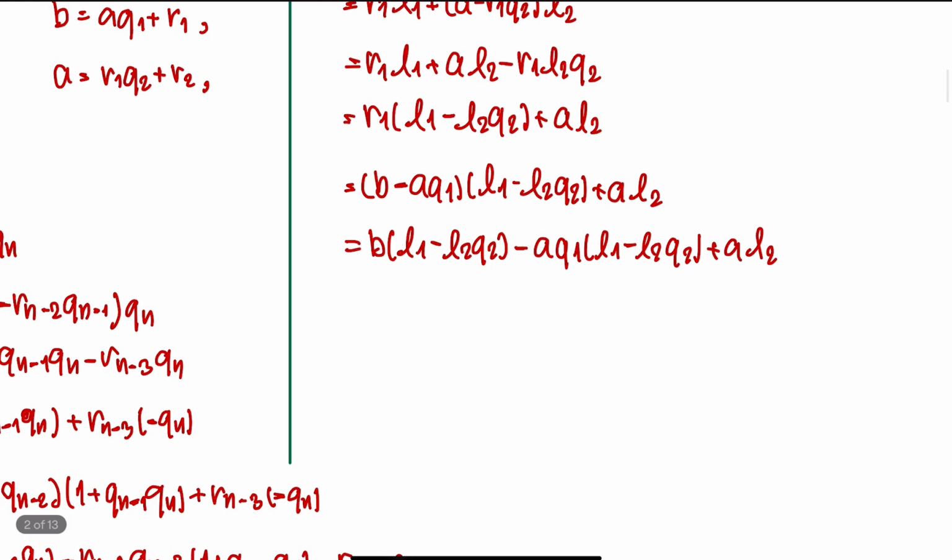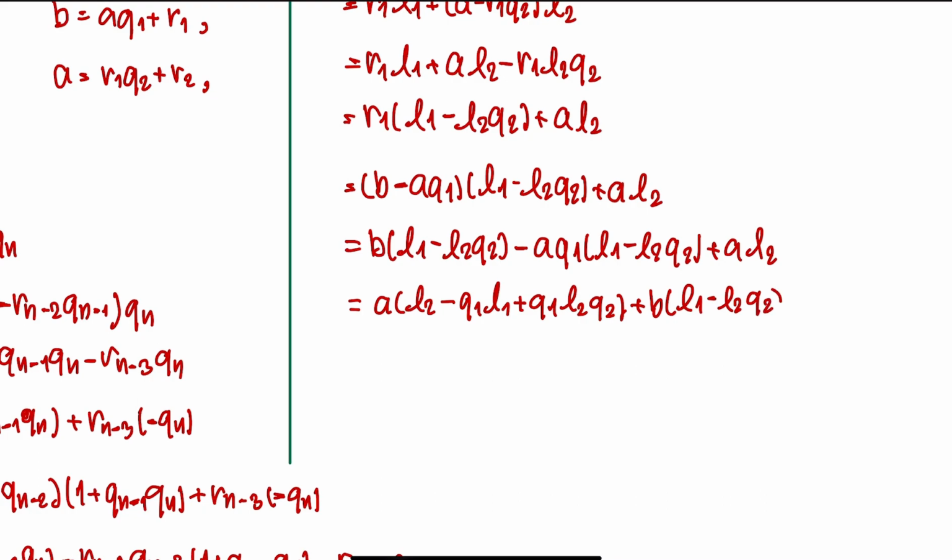And rewrite this term. So we're going to have A L2 minus, which one? Minus Q1 L1 and plus Q1 L2 Q2, and plus B times (L1 minus L2 Q2).